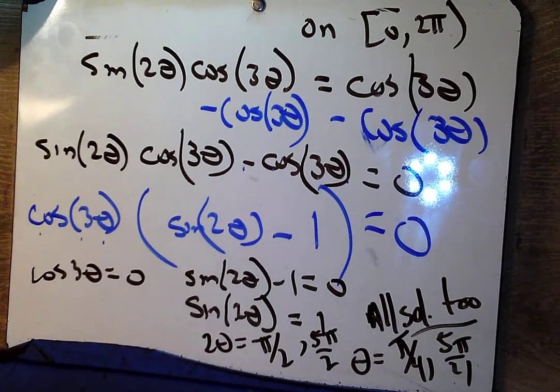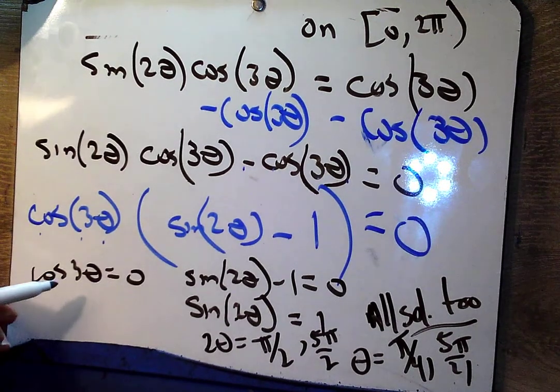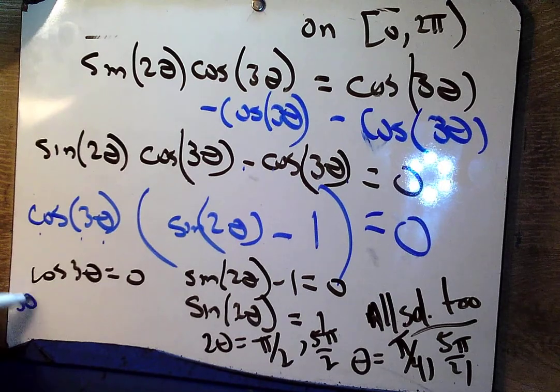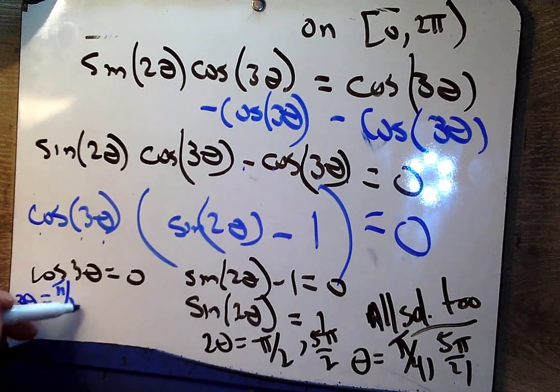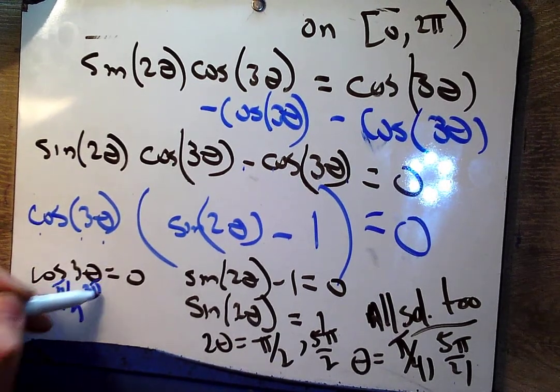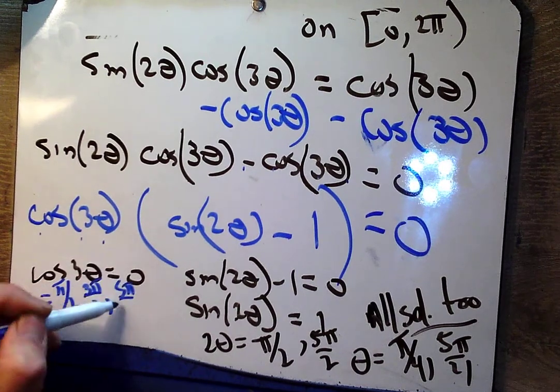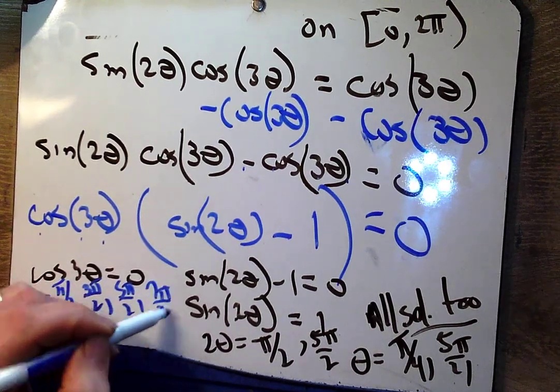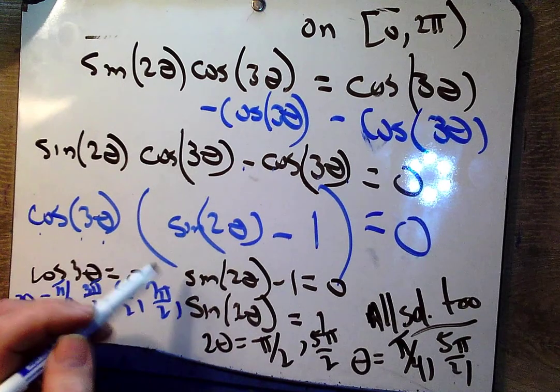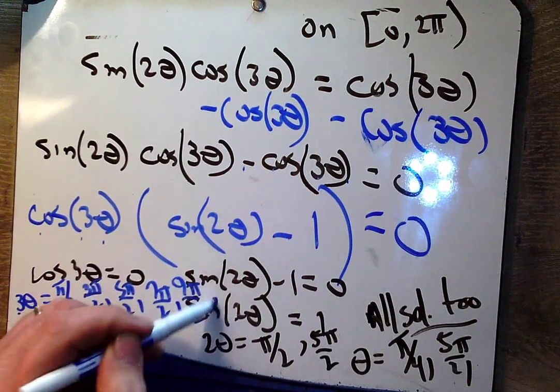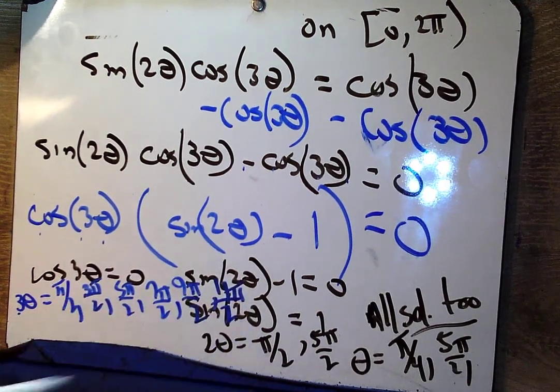We didn't finish that one. Cosine 3 theta equals 0. Cosine is equal to 0 at pi over 2, 3 pi over 2, 5 pi over 2, 7 pi over 2. I got to go around 3 times: 9 pi over 2 and 11 pi over 2.